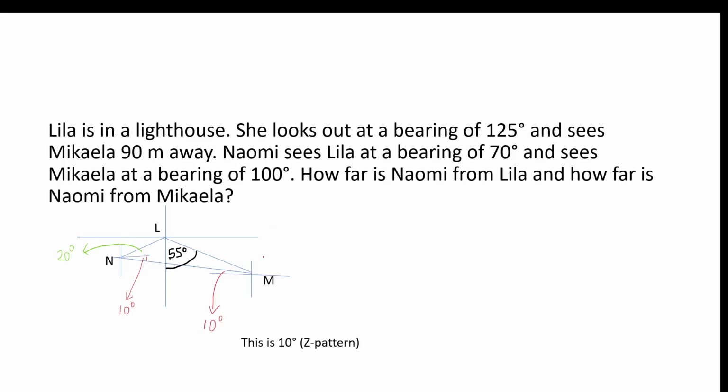Now we're going to make a couple of Z patterns here. We can put a little 10-degree angle here for Michaela using a Z pattern. The east-west lines are parallel for both, and we have a Z pattern in between. Okay?